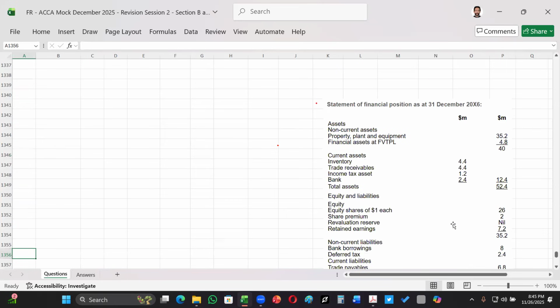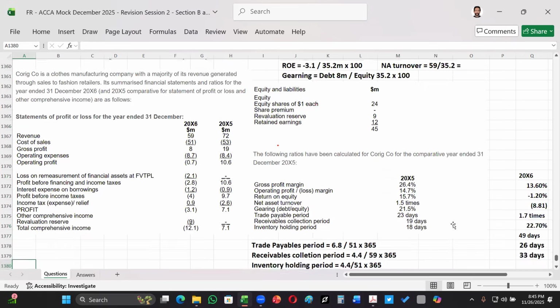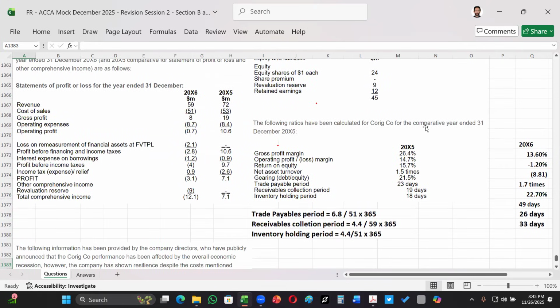So overall, when we looked at this profit and loss figure, it seemed very bad. The sales is going down, the cost of sales is not going down with the same proportion. So things were looking really bad. But when we looked at the other information, there was the impairment loss being charged, the redundancy cost is also there. There is also loss on the remeasurement of the financial assets.